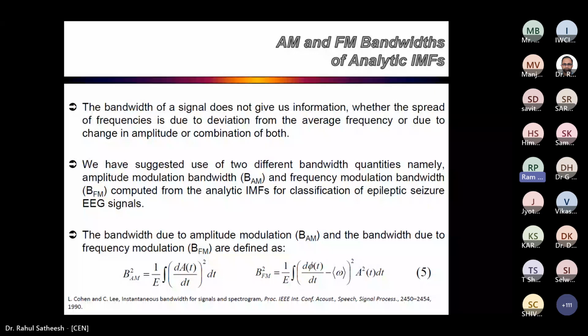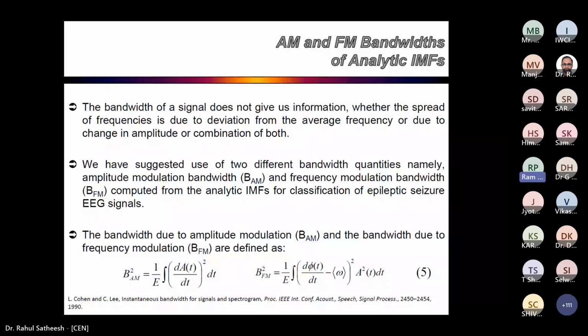The other methodology is that amplitude modulation and frequency modulation bandwidths of the analytic IMFs have been defined. This is a very interesting concept. Whenever we talk about bandwidth in the literature, we say it is the spread of the frequency in the frequency domain, or the spread of the spectrum.